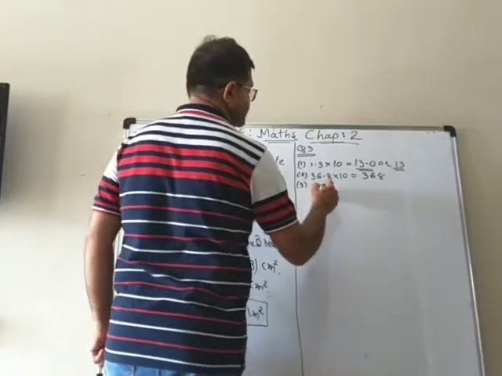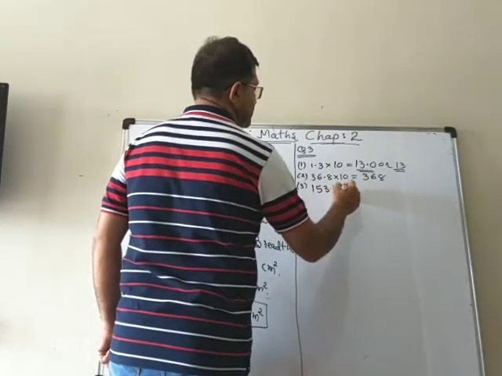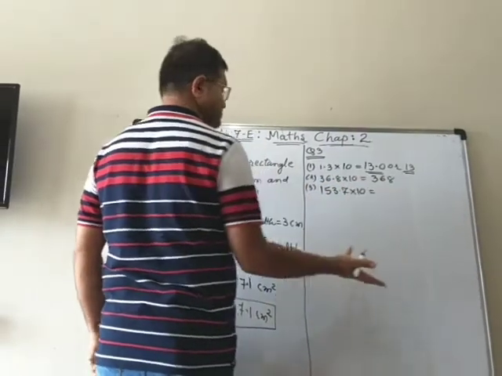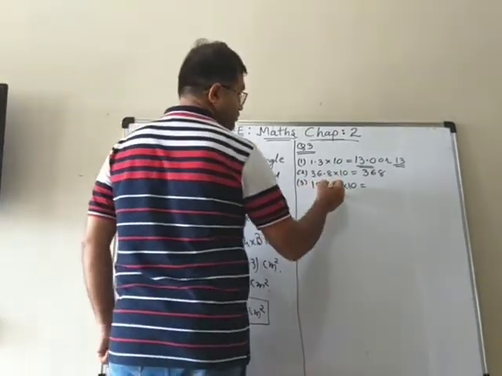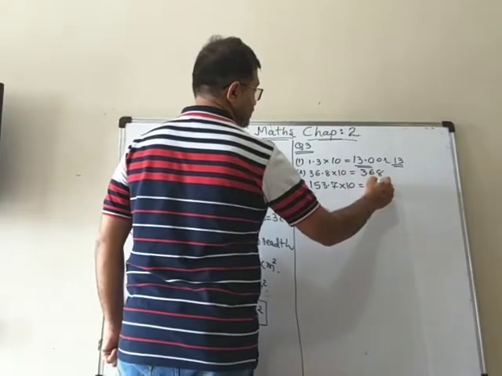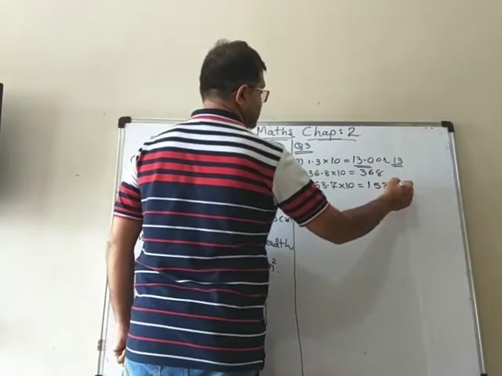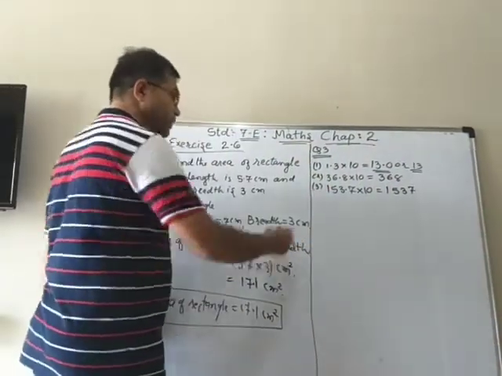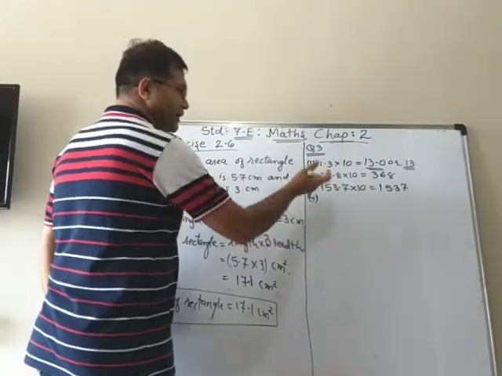Third one is 153.7 multiply by 10. Here also same thing. We have to move only one place to the right side. Means 1537. Very easy.